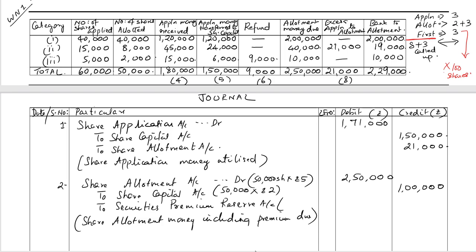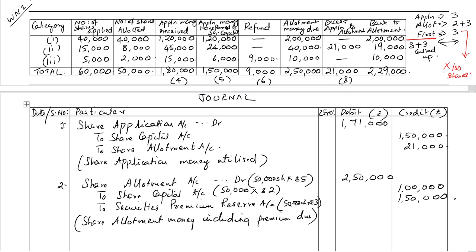And against securities premium reserve, 50,000 shares multiplied by rupee 3 per share. The amount of allotment money towards securities premium reserve comes up to 1,50,000 rupees.